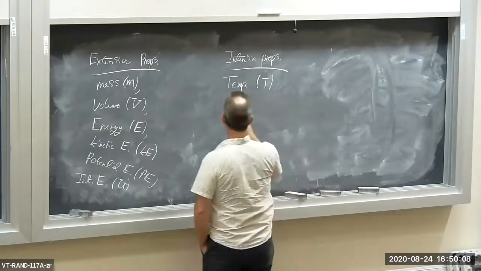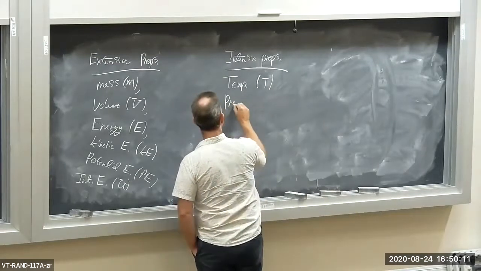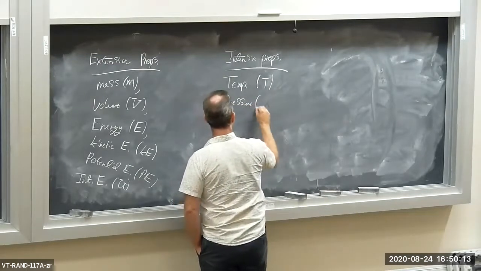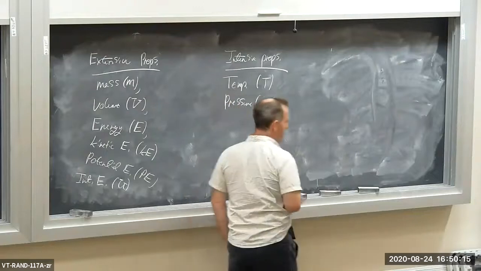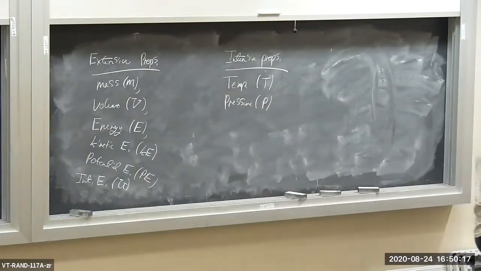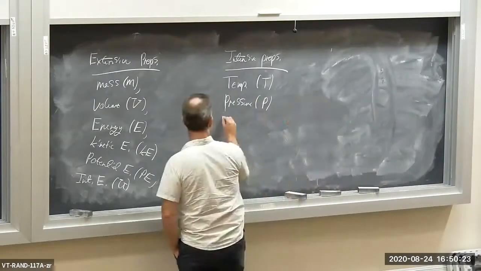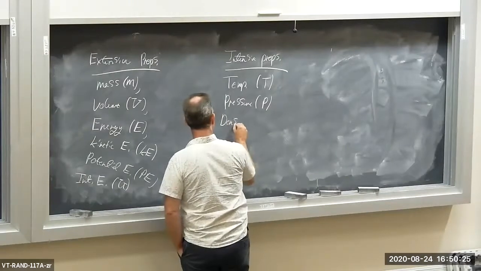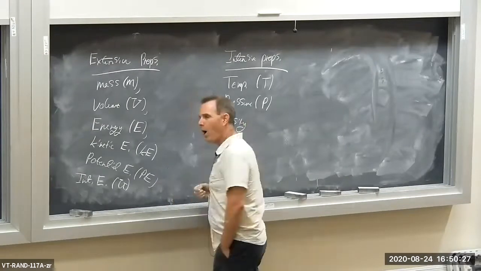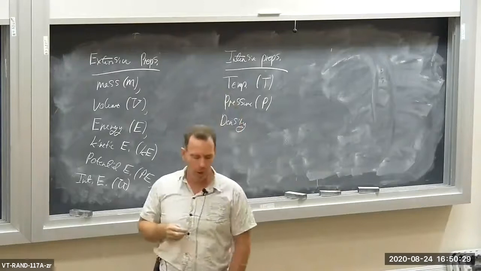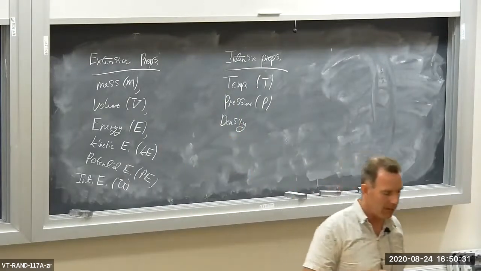Pressure is another one, pressure P. Density. Why might density be intensive? Well, density is a mass divided by a volume.